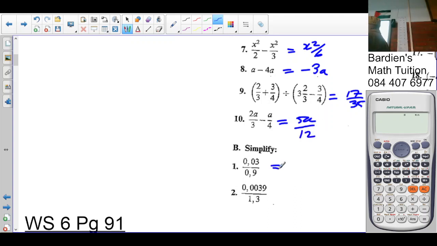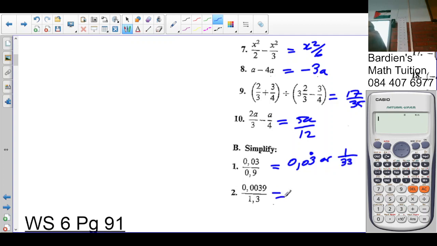Now B number 1. 0,03 recurring, or this could be 1 over 3 over 99 says 1 over 33.